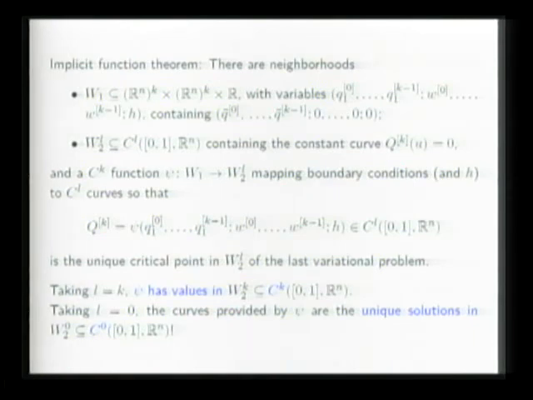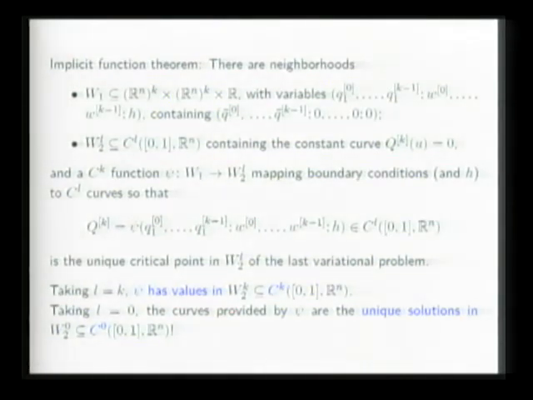And you have a function mapping boundary conditions and H to curves, such that this psi, this CK function here, given the initial condition W's and H, is precisely the unique critical point in this neighborhood of the null curve of the last variational problem.